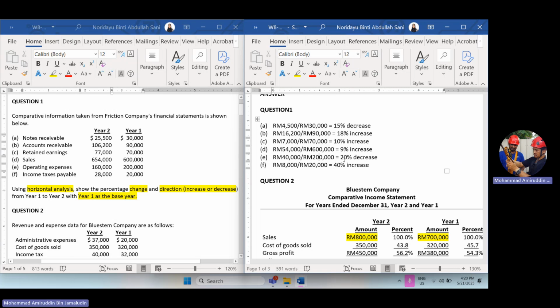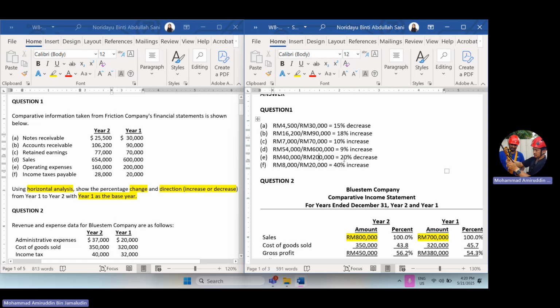Next, income tax payable. This is predictable, right? Because there was an increase in your sales, and there is a reduction in your operating expenses. So when your sales go up and your operating expenses reduce, you are making more profit as compared to the past year, right?